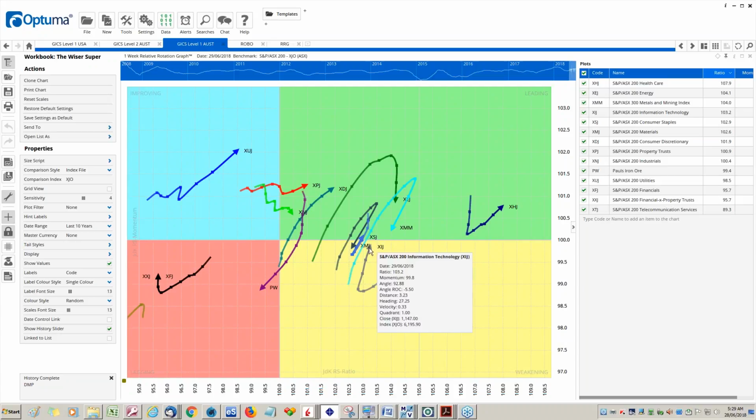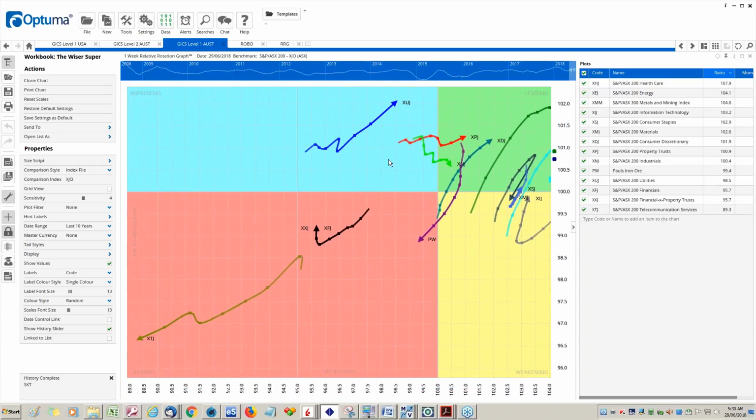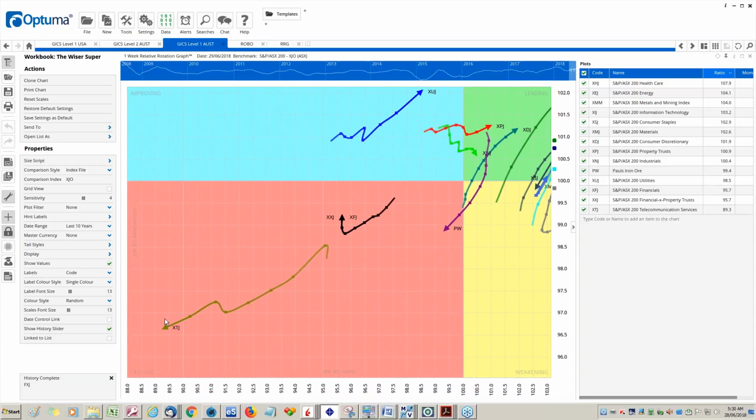The fourth strongest is information technology, doing a right rotation, which indicates a big move, and that would be true for healthcare. Consumer discretionary, there's nothing. I can't see anything on the screen which I would be scared of. Telecoms, we've talked about, is its only dog in the whole picture, and here's a buy signal.